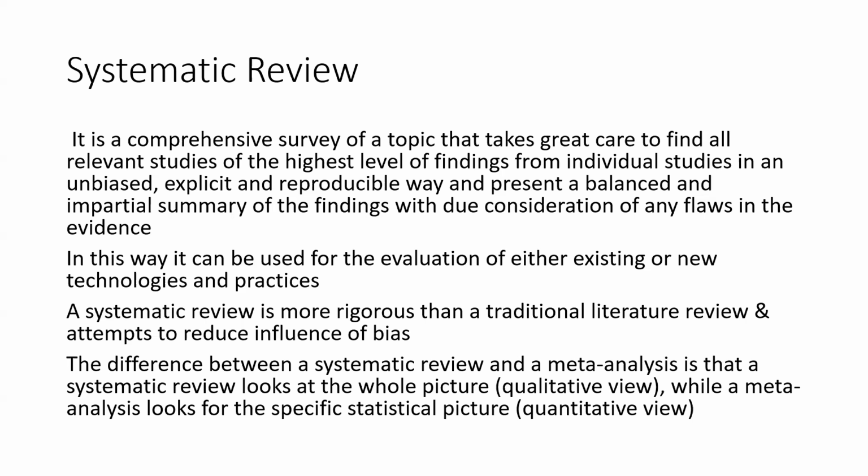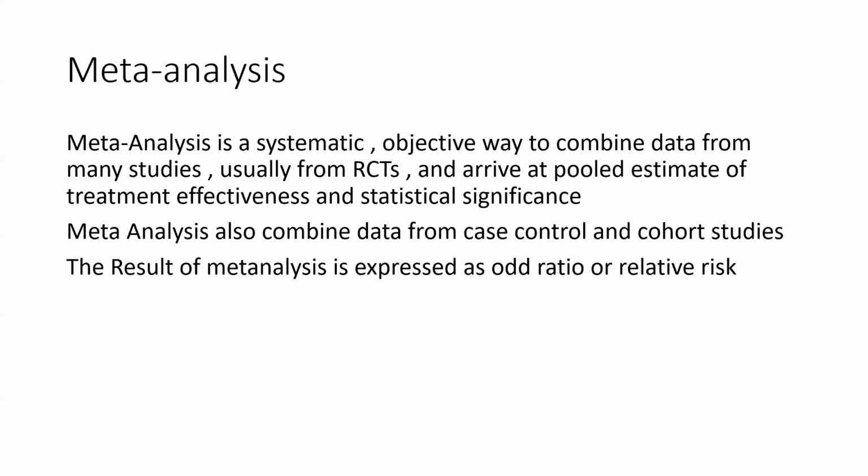In this way, it can be used for the evaluation of either existing or new technologies and practices. A systematic review is more rigorous than traditional literature review and attempts to reduce influence of bias. The difference between systematic review and meta-analysis is that a systematic review looks at the whole picture while meta-analysis looks at specific statistical picture.